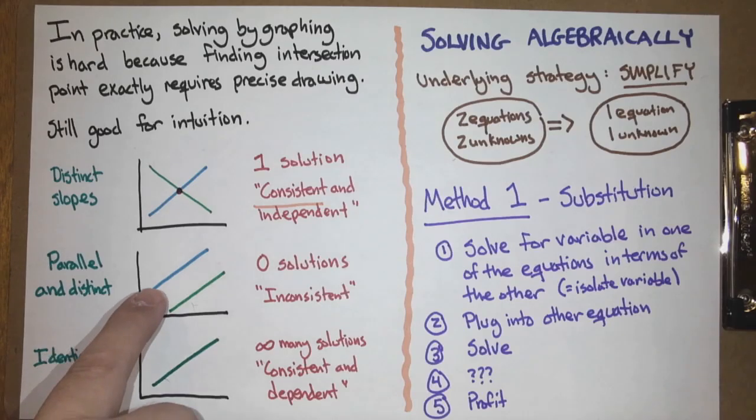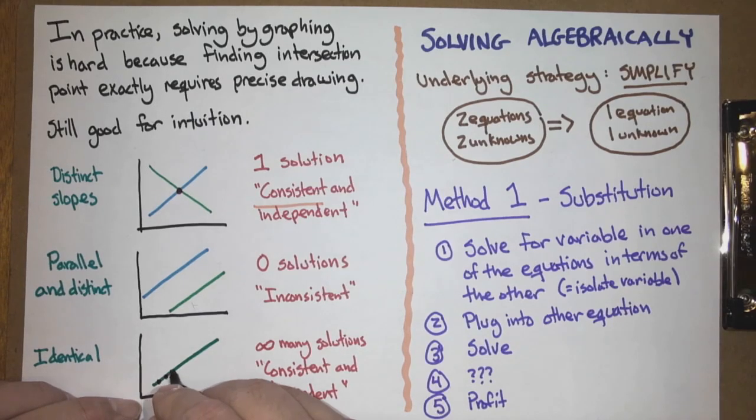Now, there is another possibility. They could be parallel because they're actually the exact same line. So they're on top of each other. And now you're like, well, what happens? Well, now every point on the line is a solution. So you get infinitely many solutions. So we still have this notion of consistent.